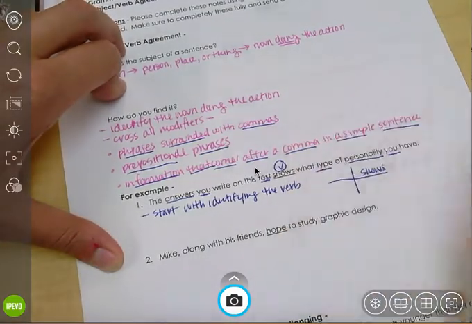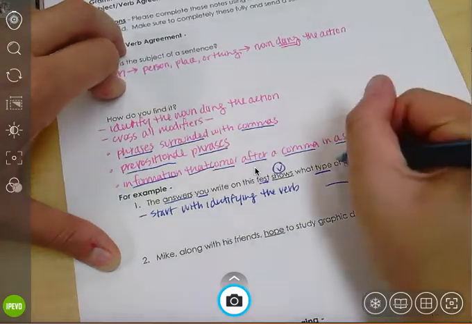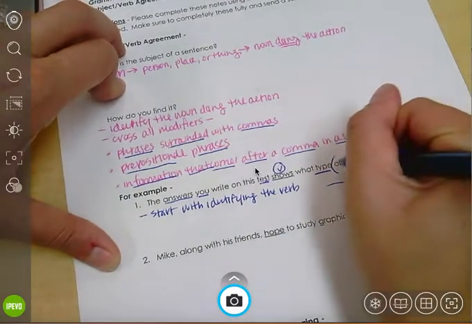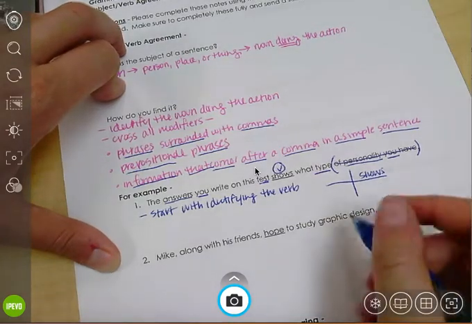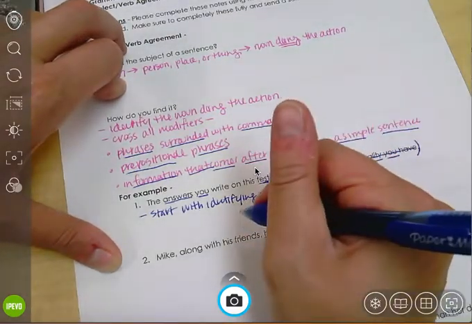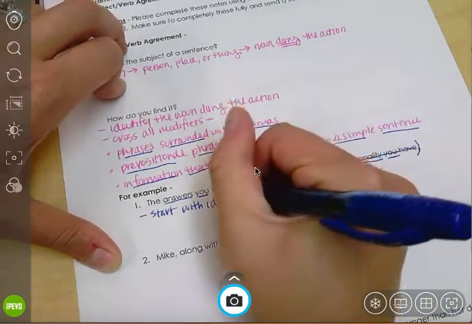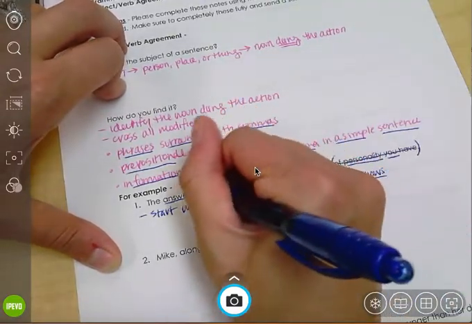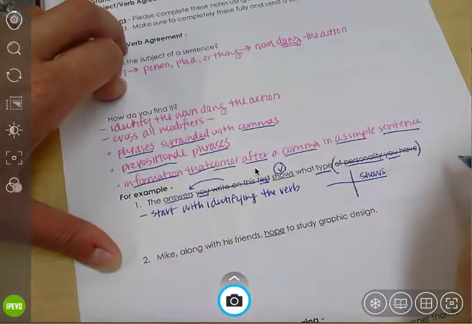So what you need to start doing is getting rid of some things. Of personality you have is a prepositional phrase. You can cross that out. The answers you write on the test is some extra information. It's describing the answers, so I'm going to cross that out too.